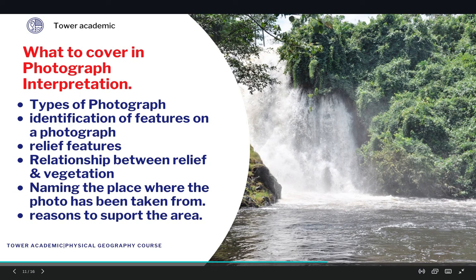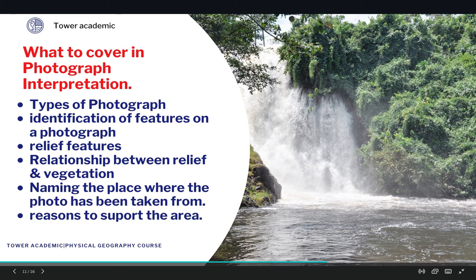So what does this mean? You must have a wider knowledge of where these photos are found. The photographs are basically set from sections B and C. You can't expect to have photos from space, but they will always be set from section B and section C. Say, for example, in section B you are going to study rocks, so they can set a photo concerning rocks.